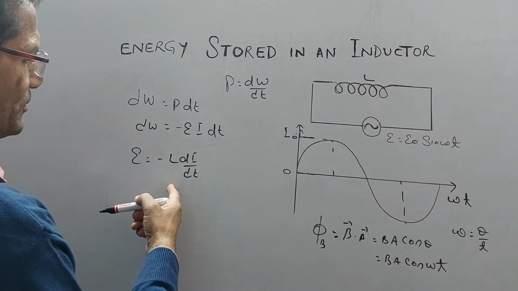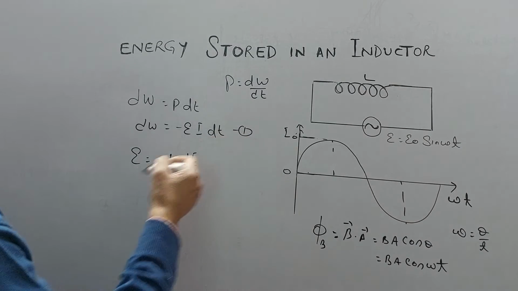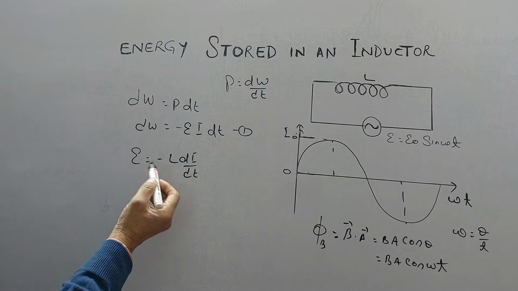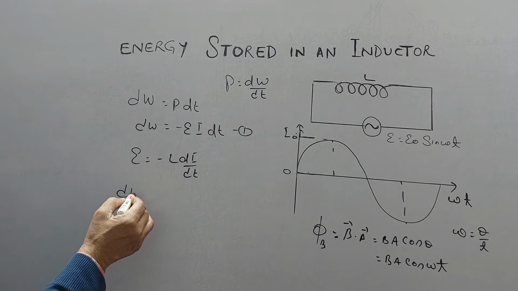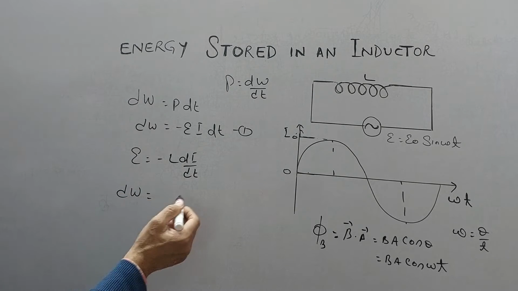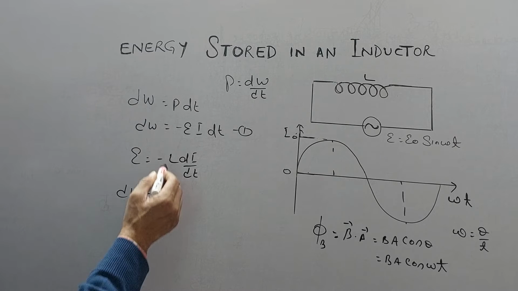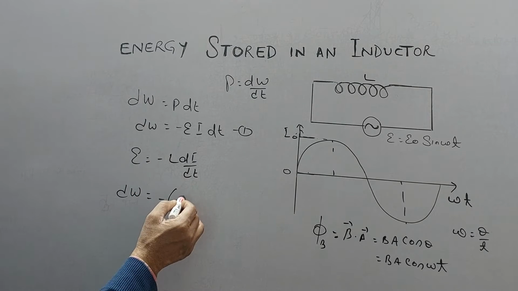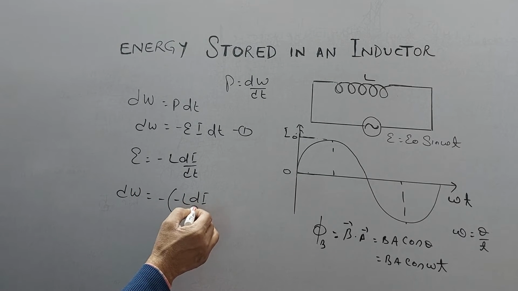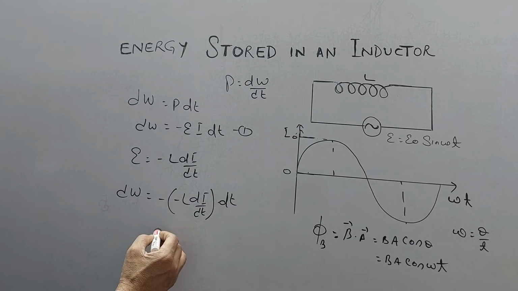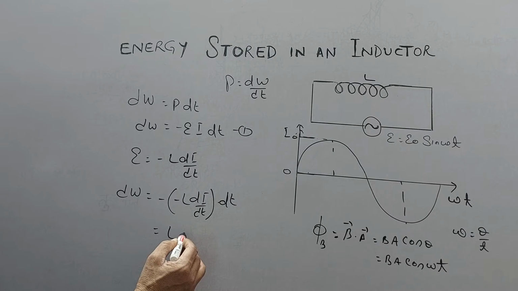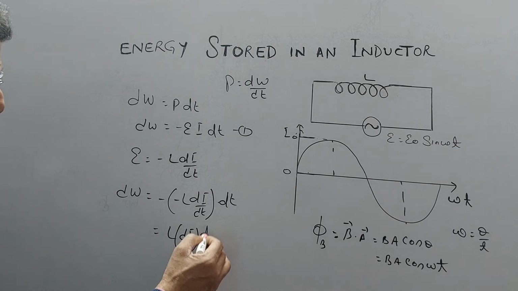If I put the value of the induced EMF, which is minus L dI upon dt, in equation 1, this small work done in time dt becomes minus of minus L dI upon dt into dt. After simplification, it comes out as L dI upon dt into dt.